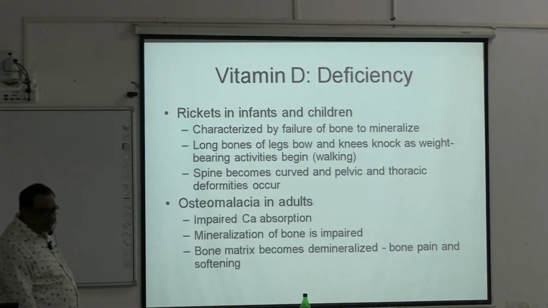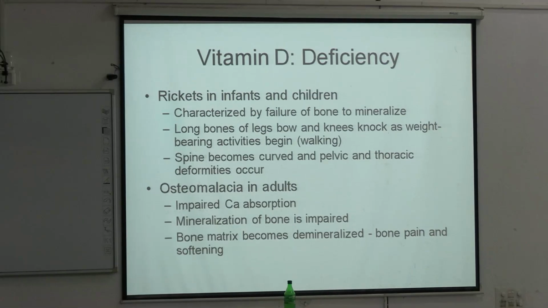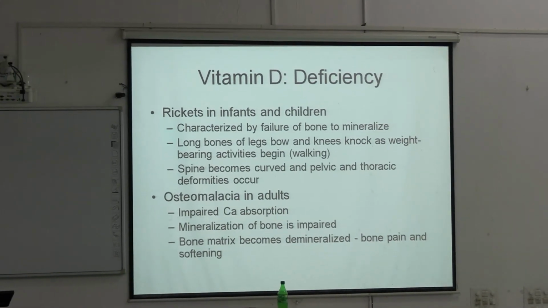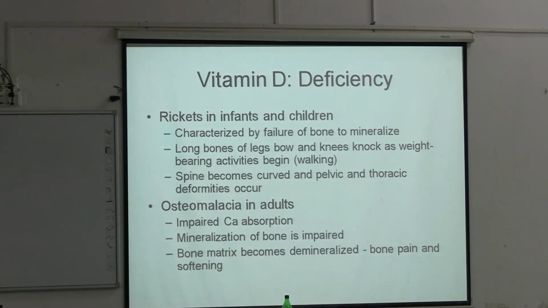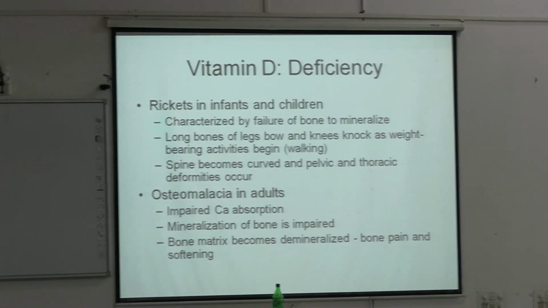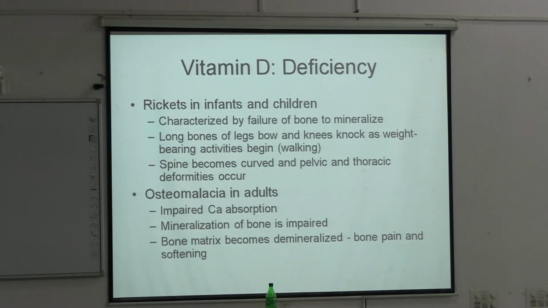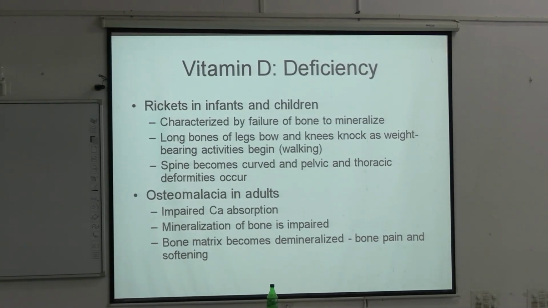Deficiency, very easy. From class 7 or 6 onwards you have been studying. What is that? Rickets among the younger children and osteomalacia in the adults. Now I add another word called osteoporosis. So these are the deficiency manifestations.